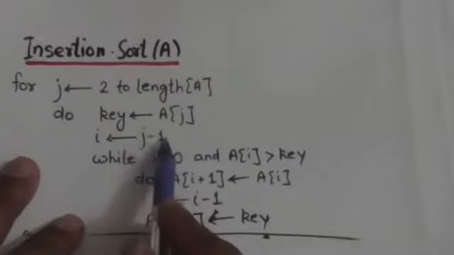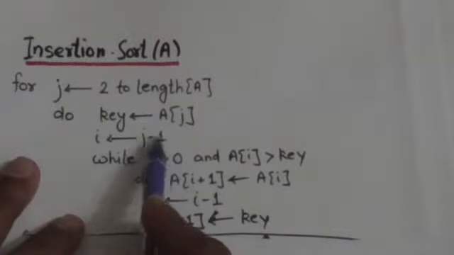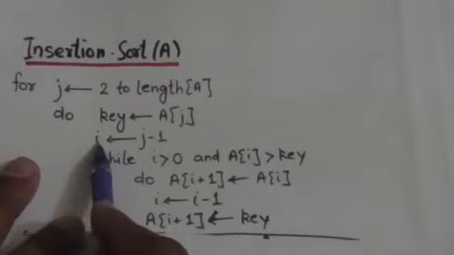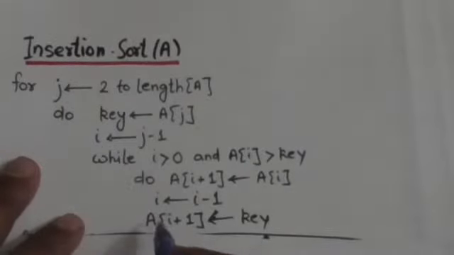The value of j minus 1 is assigned to a variable I, and a while loop has been started.